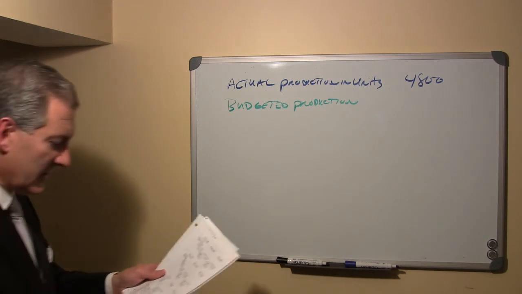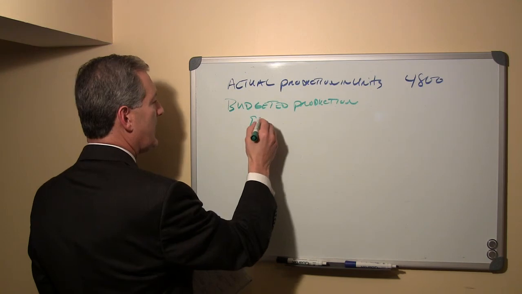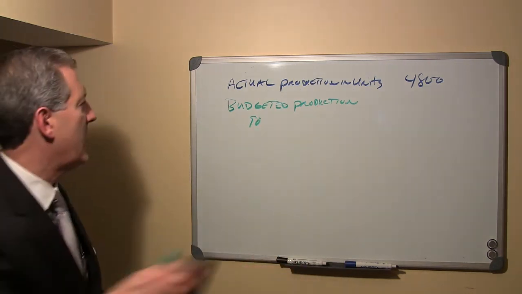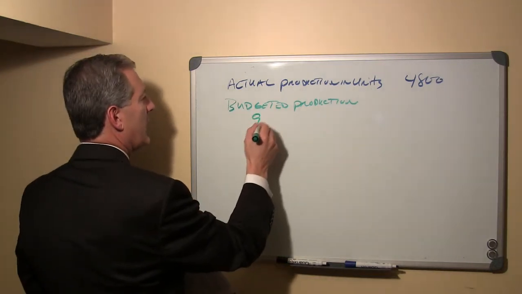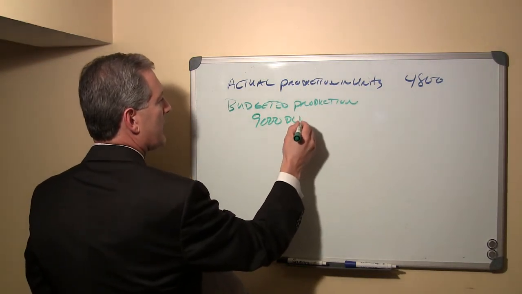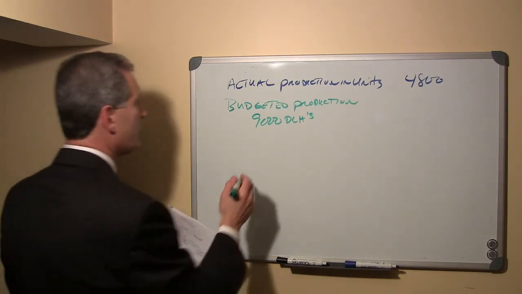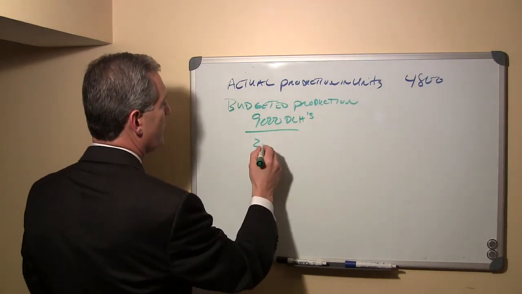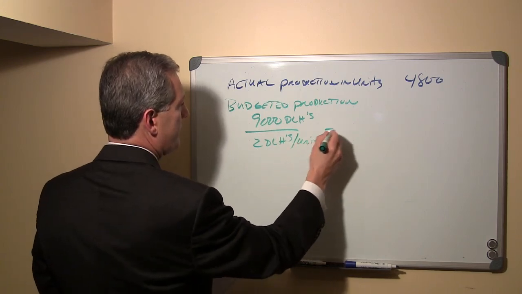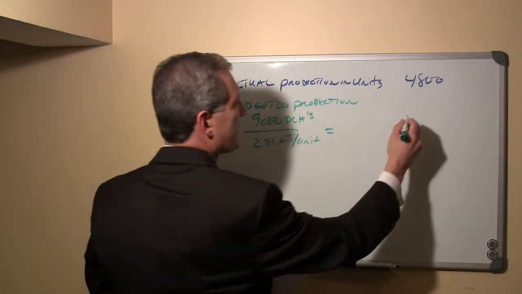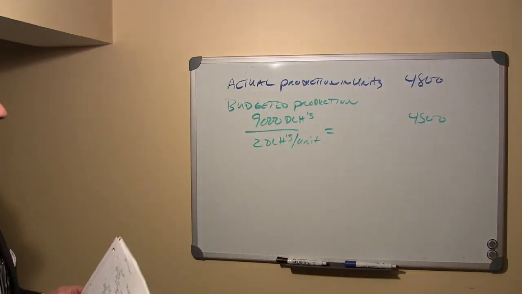They don't tell us what it is, but we can surmise, because they had 9,000 direct labor hours. They budgeted 9,000 direct labor hours at the very beginning of the problem in the budget section. They also told you that it takes 2 direct labor hours per unit. Therefore, we can surmise that they had budgeted to produce 4,500 units.